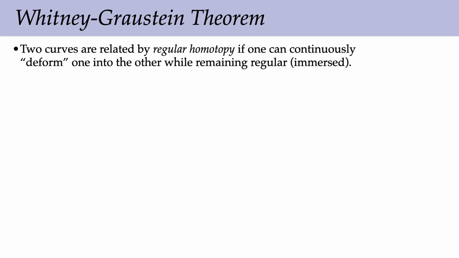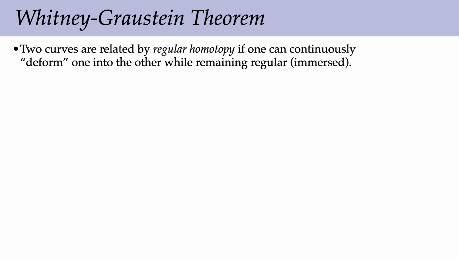To be informal about this, a regular homotopy between two curves is just a motion where the curve always remains regular. I deform one curve into another by a family of parameterizations where at no moment does the differential ever vanish. I always have well-defined tangents. The tangent never goes to zero.